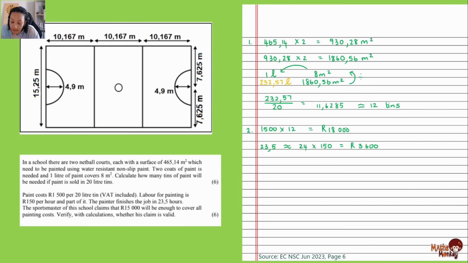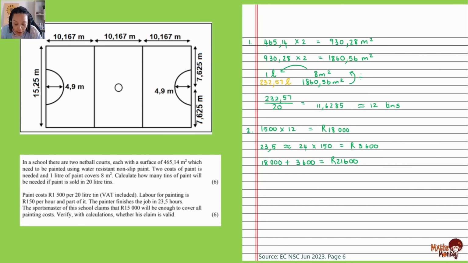Okay. And now, right? So we're going to say, okay, 18,000 plus 3,600 equals 21,600. So the claim that 15,000 will be enough to cover all the costs.